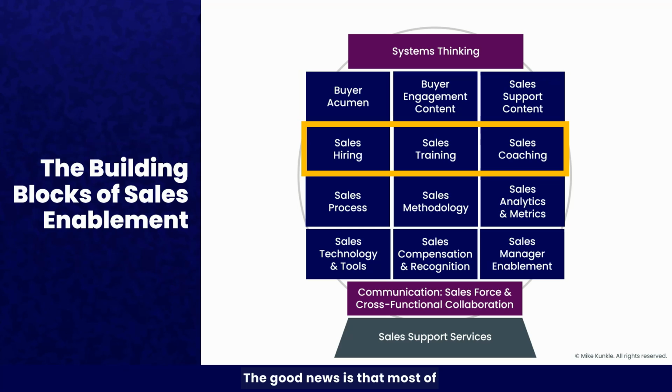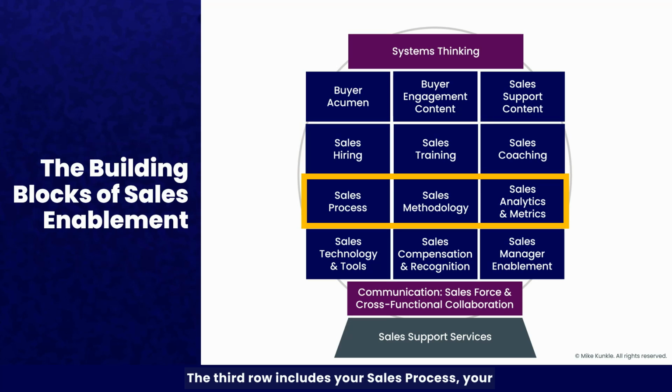The good news is that most of the remaining blocks are more commonly recognized and don't require much explanation. The next three blocks are sales hiring, sales training, and sales coaching. We know these are critical and they blend perfectly. The third row includes your sales process, your chosen sales methodology, and sales analytics and metrics.